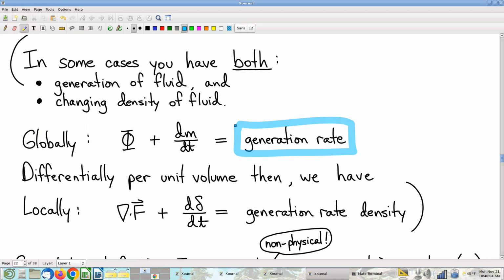When you create fluid, it either stays in your region, in which case the quantity of fluid increases, or it doesn't stay in your region, and if it doesn't stay in your region, well, it had to leave. And if it leaves, then it leaves by way of passing through the boundary. And if it passes through the boundary, then it's flux. Right, so these are the two possibilities. If you make stuff, it either stays or it doesn't stay.